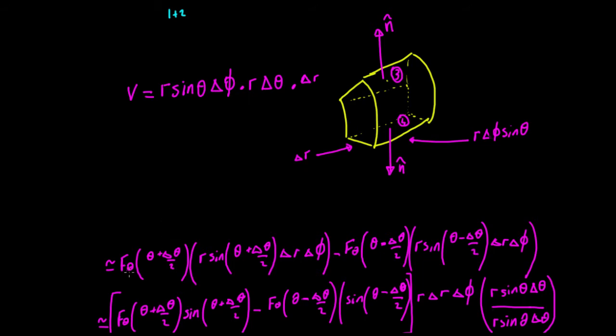So we're going to have our value of our function theta at θ + Δθ/2. Of course, there's going to be our r and our φ in there as well, but these are just going to be our fixed values. So we're going to have that value of our function theta. Again, we're only left with the φ component because the normal is in the direction of φ.